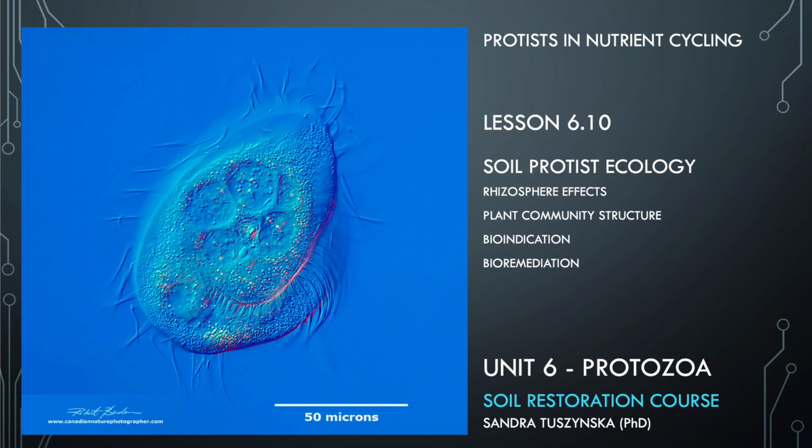So this brings us to the end of lesson 6.9, and lesson 6.10 is our final lesson on protozoa or soil protists, and we'll continue dealing with their ecological function in the soil ecosystem. We will look at soil protist rhizosphere effects, so how they affect plants at the root level and what that means for the plant.